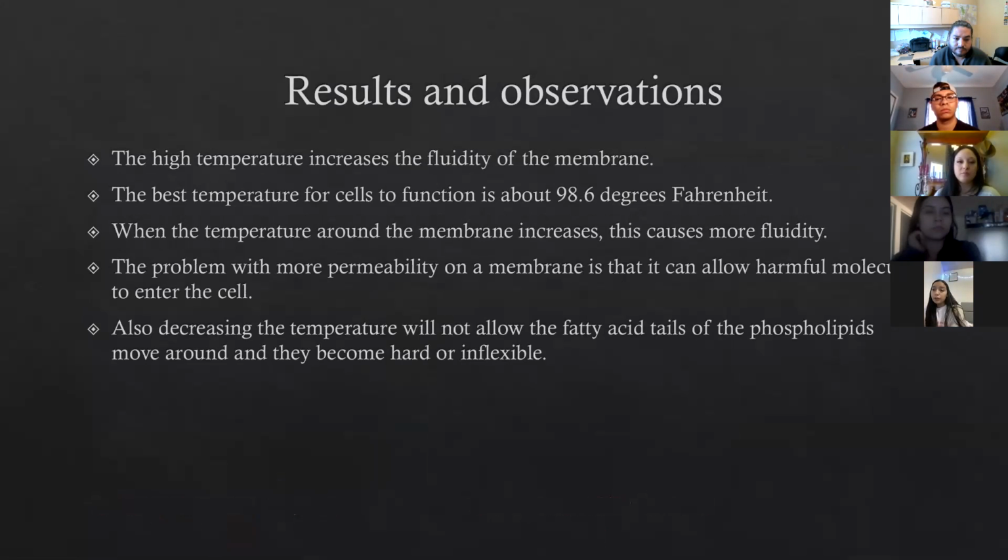The problem with more permeability on a membrane is that it can allow harmful molecules to enter the cells, and also decreasing the temperature will not allow the fatty acid tails of the phospholipids to move around and they become hard or inflexible.